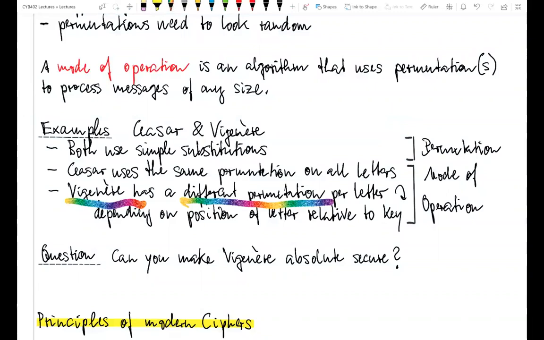So this is a matter of mode of operation, how the permutations are applied in practice to encrypt and decrypt information, so large texts. Okay, so this concerns the mode of operation, and Vigenère is more sophisticated in that.